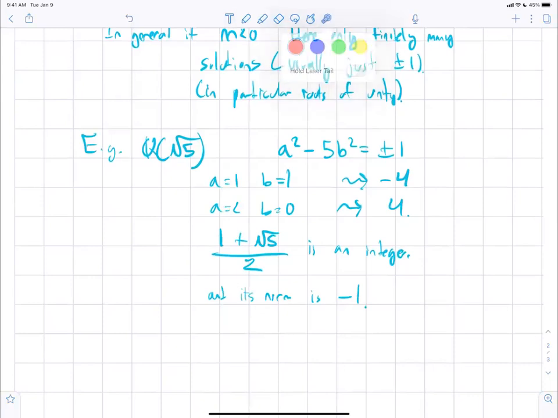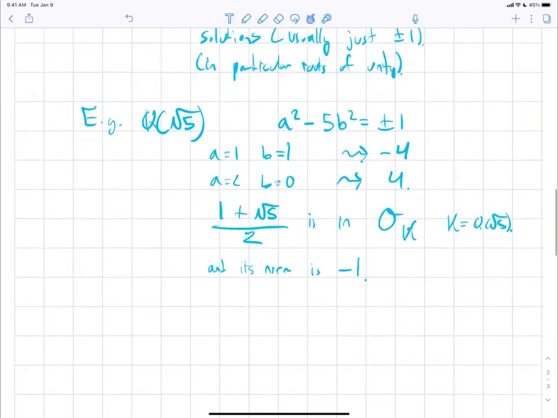Okay, so what we got is an integer, and when I say an integer, I mean in O_K, where K is equal to Q adjoined the square root of 5. Its norm is -1. And this thing has infinite order, so it's not a root of unity.